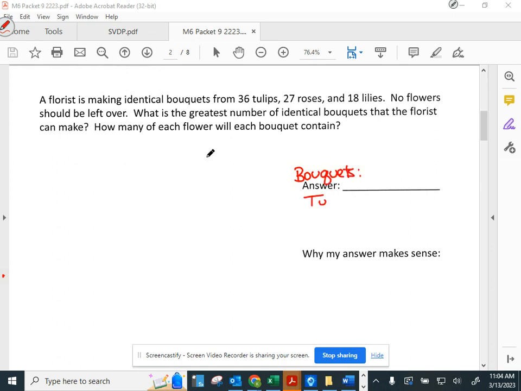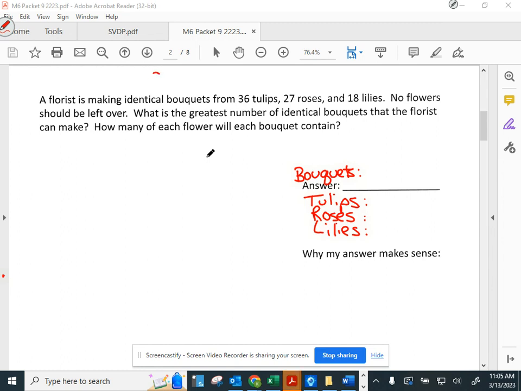And then how many tulips will be in one? How many roses? And how many lilies? So I should see 4 answers for your answer. How many bouquets altogether, and how many of each type of flower in each bouquet?